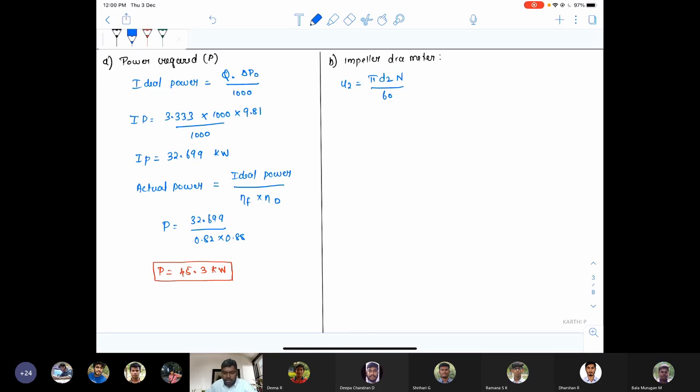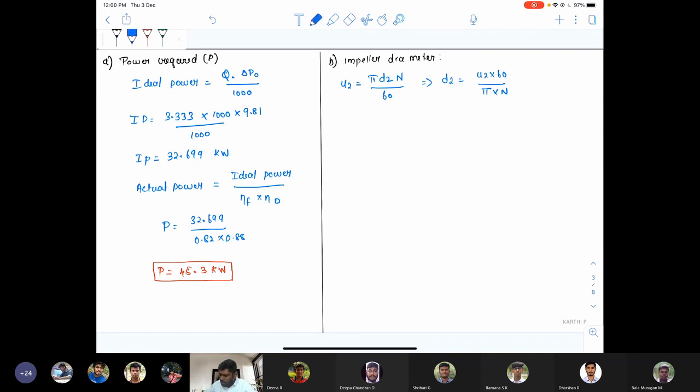From this, the value of D2 can be obtained: D2 is equal to U2 into 60 divided by pi into N. We have the value of N, but the value of U2 remains unknown, so we need to find U2 in order to find D2.